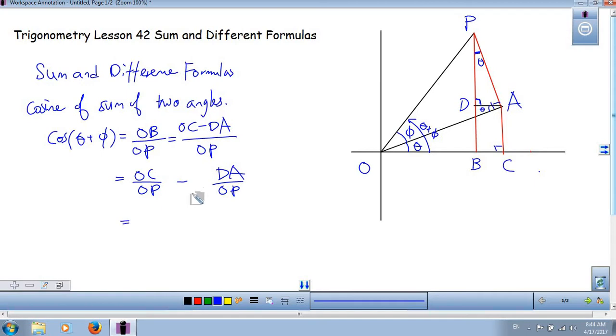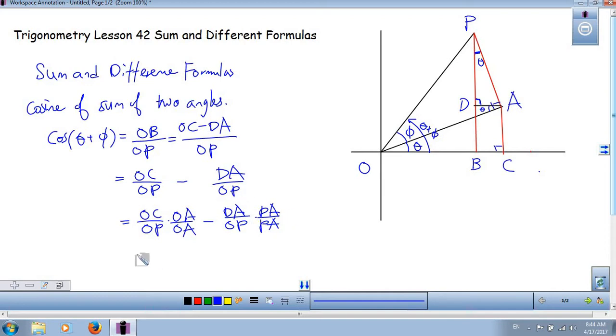Now we're going to multiply by OA over OA, and let's see how well that worked out. And this time we're going to multiply the second fraction by PA over PA. Now PA is the hypotenuse for this triangle PDA, but it's also the opposite side of OPA.